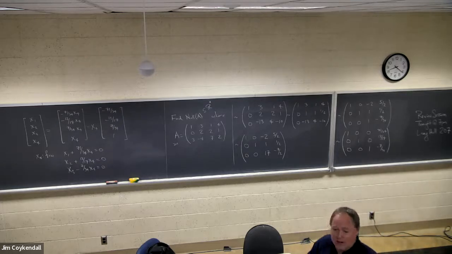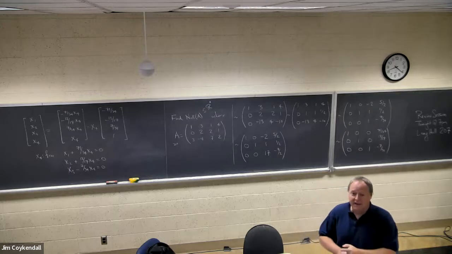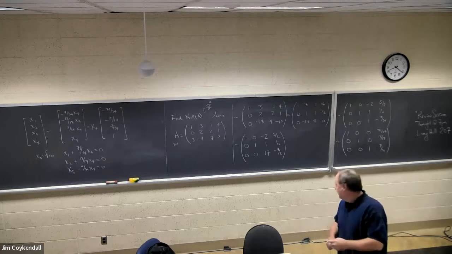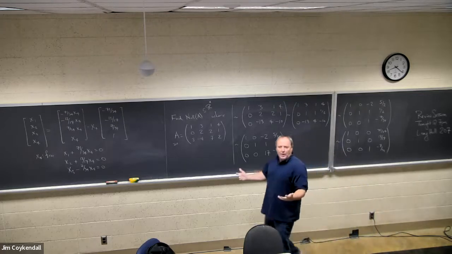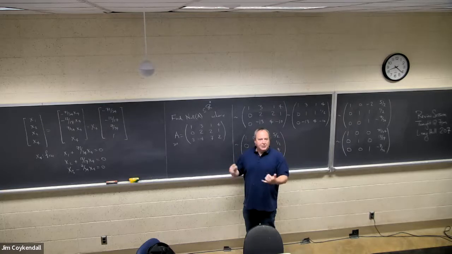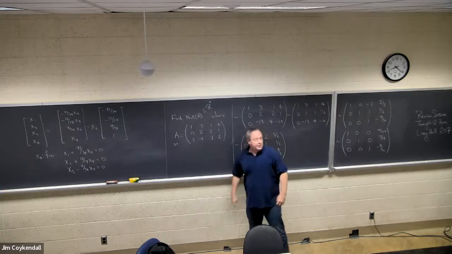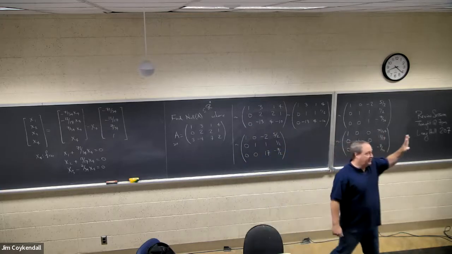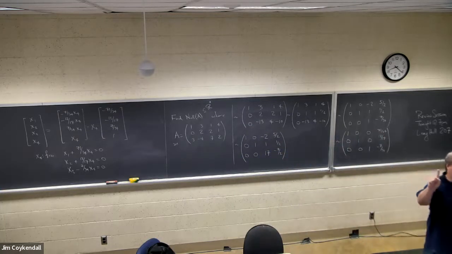It should be 3. That's right. We have the rank nullity theorem: the dimension of the null space plus the dimension of the column space should add up to the number of columns. We have that for the null space, so the column space has to be three-dimensional.